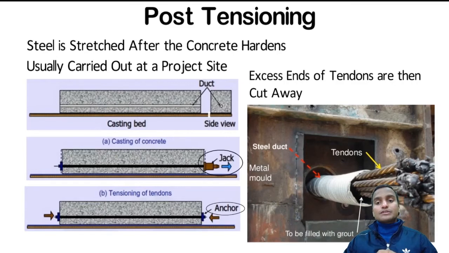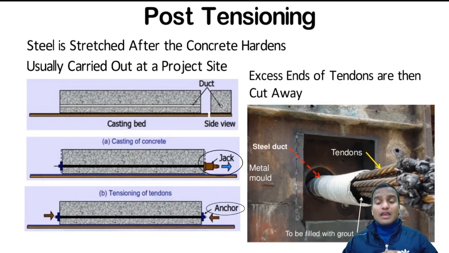Here you can also see the tendons very clearly. Tendons can be one cable or a combination of cables. Now what is a cable? A cable is a group of steel wires, arranged sometimes in a group of 6 or sometimes 8 or 12.